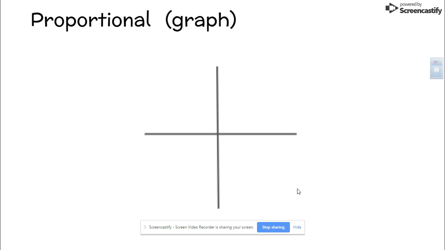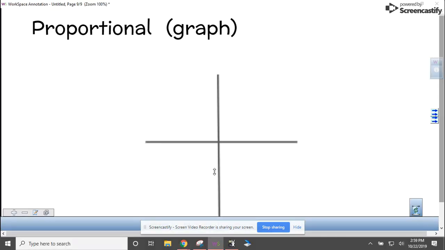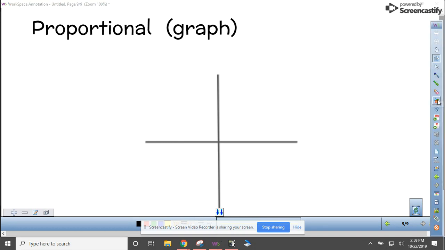Okay, we're still on the left side on proportional, so we're going to do an example of a proportional graph. A proportional graph goes through the origin.